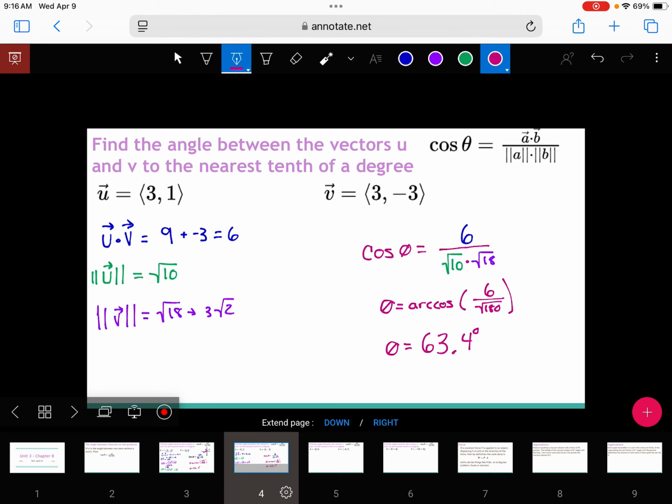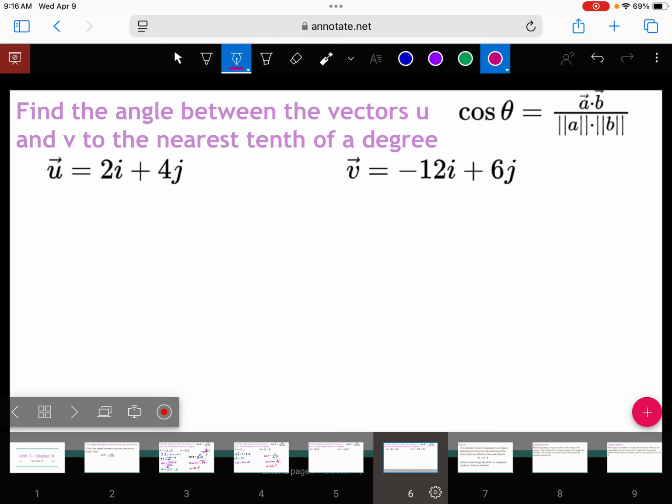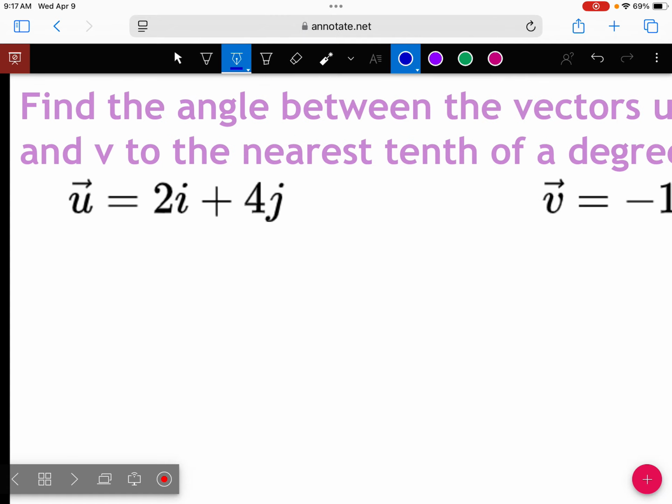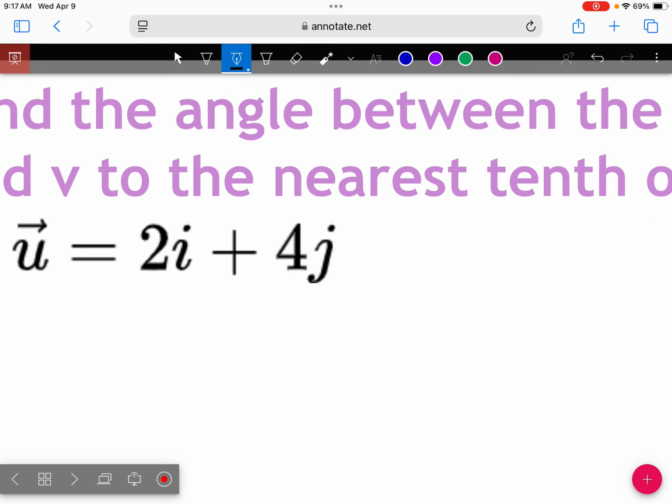Okay. Really, the only way that these get any grosser is if they look like this. Don't freak out. I promise it's not that bad. Not imaginary. This is the unit vectors, where the i is my x's and the j is my y's. It's the unit vectors, not imaginary. Vectors do not exist in imaginary. So all we're going to do when we see vectors written like this is rewrite them with the angled brackets.